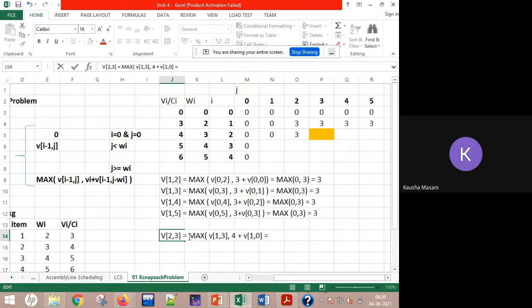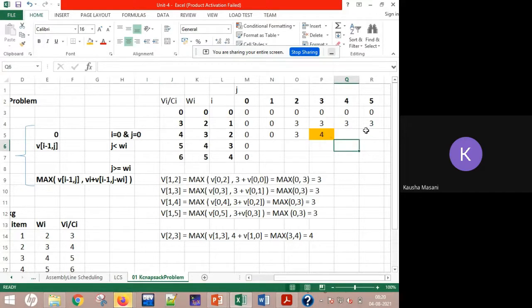So max of V of 1, 3, which is the above cell, 3, comma 4 plus V of 1, 0, which is 0. So that is 4. So the answer here is 4.